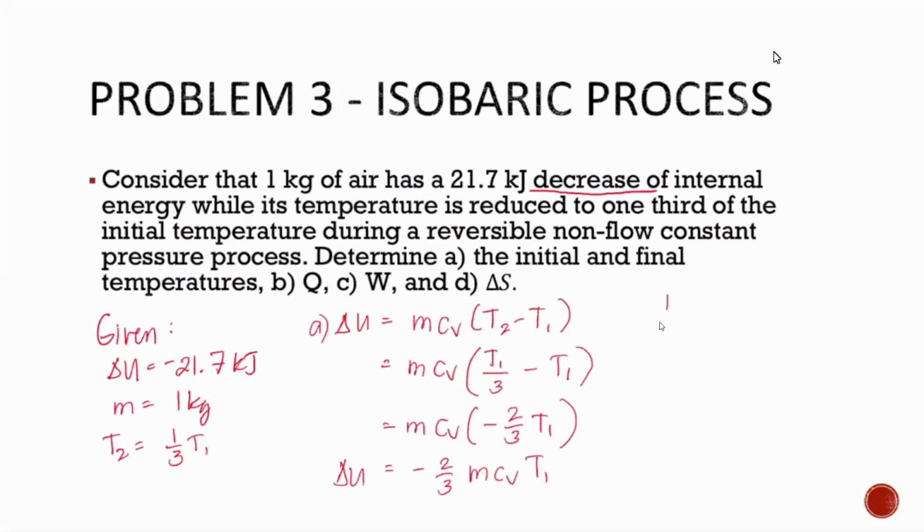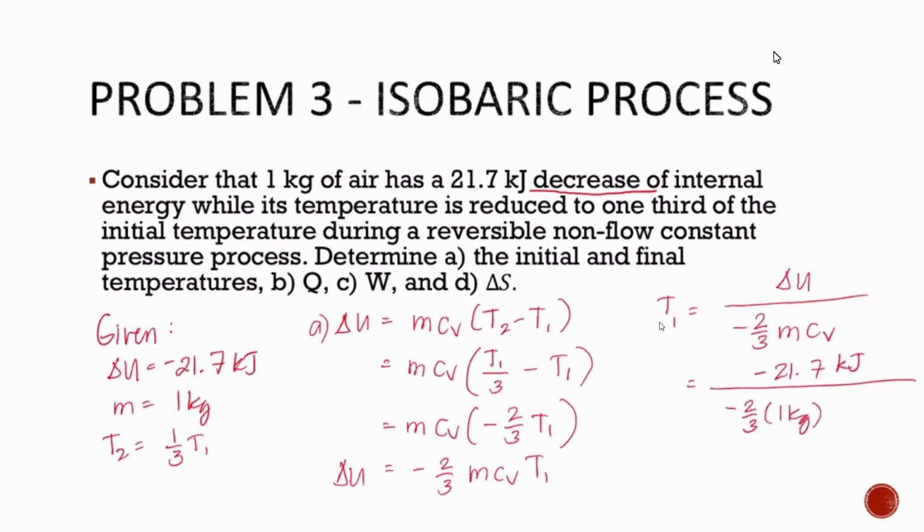So we have T1 is equal to delta U over negative 2/3 mass times the specific heat under constant volume. Saka tayo mag-substitute. What is delta U? Negative 21.7 kilojoules over negative 2/3. Ang mass, 1 kilogram. Ano nga ang ginagamit natin sa air?